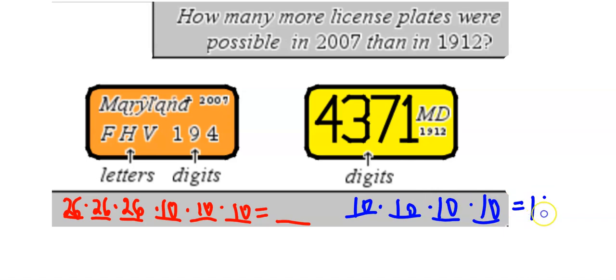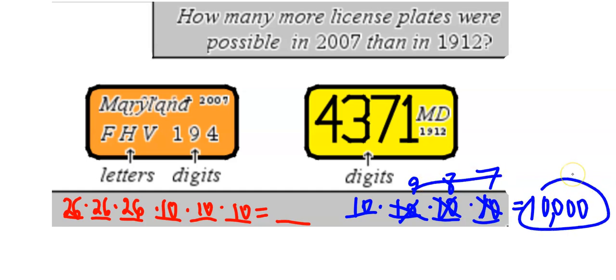I think that's 1 with 1, 2, 3, 4 zeros. So that's 10,000 for that one. And again, it didn't mention this, but if they said no repeats were possible, then this would change. This would be 10 times 9 times 8 times 7. But they didn't mention repeats, so you're going to assume repeating is allowed, so it would be 10,000 there.